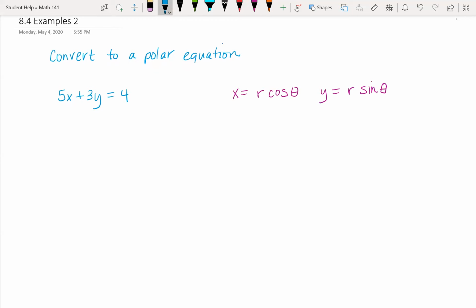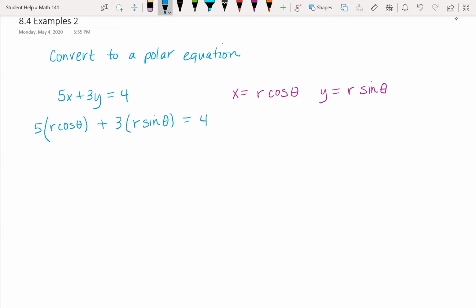So I'm going to put 5 multiplied by r cosine theta. I'm just plugging that in for x. And then I'll have 3 multiplied by r sine theta, and that equals 4.